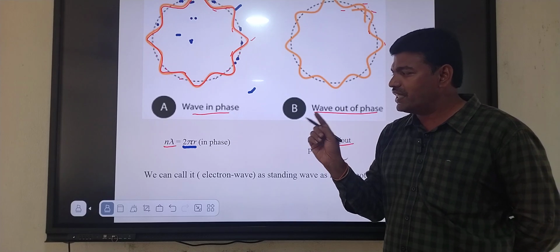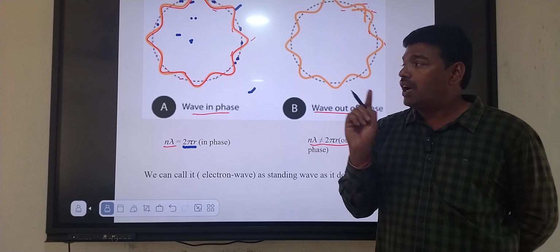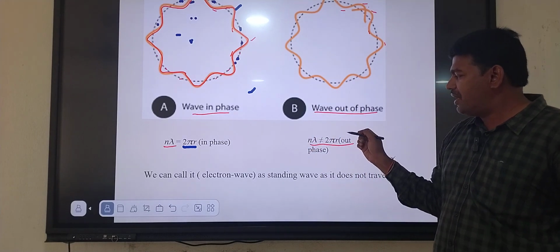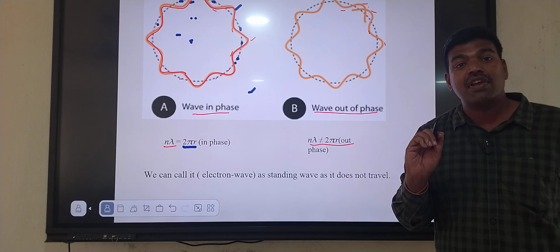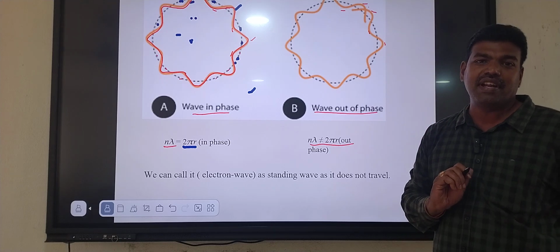If it holds good, that is n lambda is equal to 2 pi r, then it is called a stationary wave in phase. If n lambda is not equal to 2 pi r, that is called a stationary wave out of phase, which leads to destructive interference.